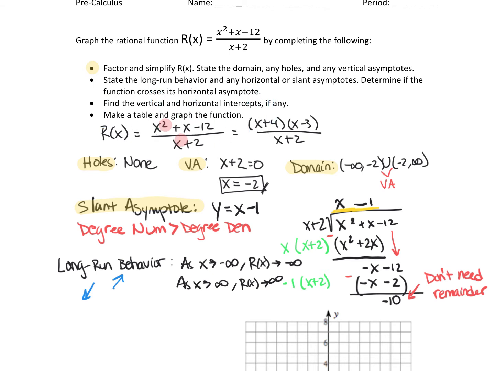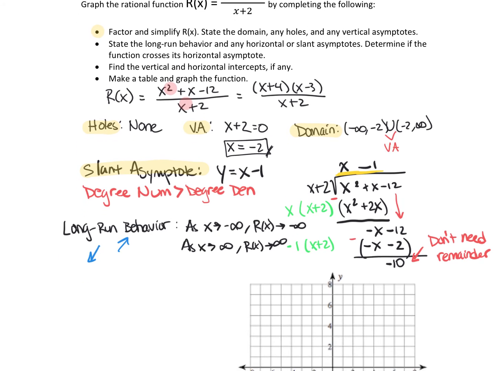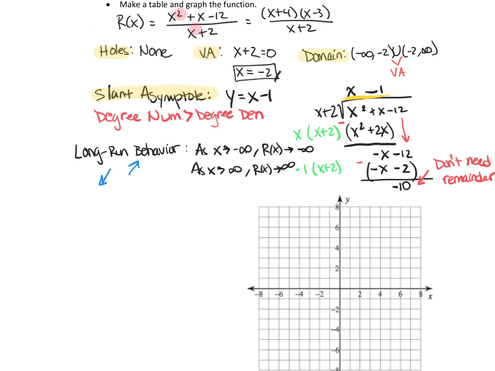Now remember, we can have it cross the horizontal asymptote, tiptoe a little bit around. The same can be true for the slant asymptote, or the slant asymptote intersection point. So when we find this intersection point, we need to make sure that we set our entire function equal to our slant asymptote.